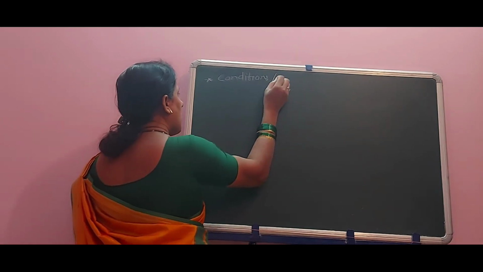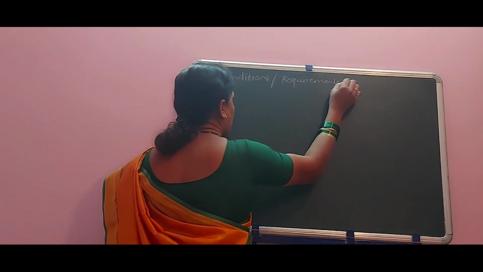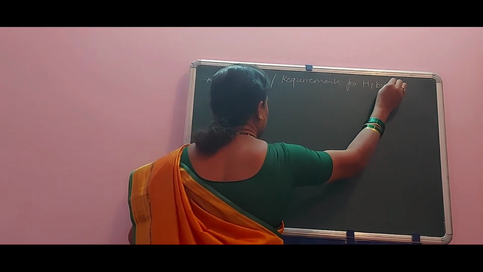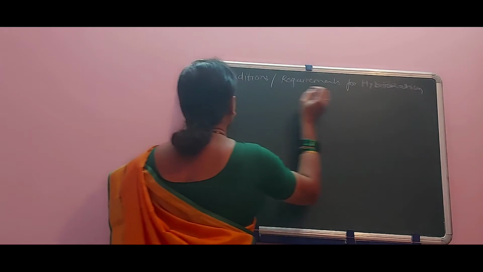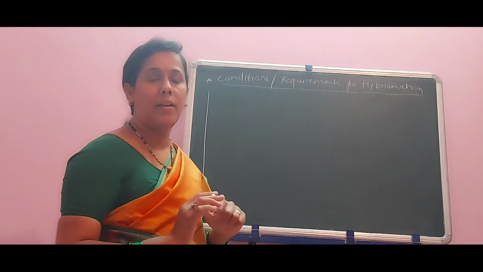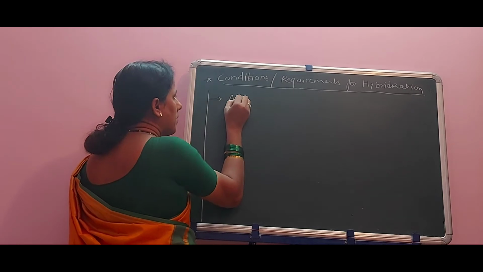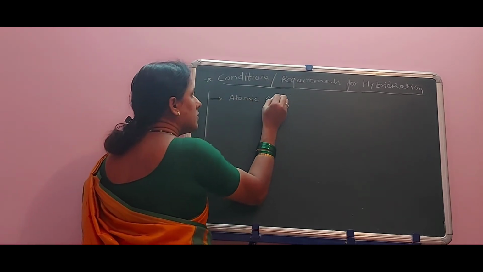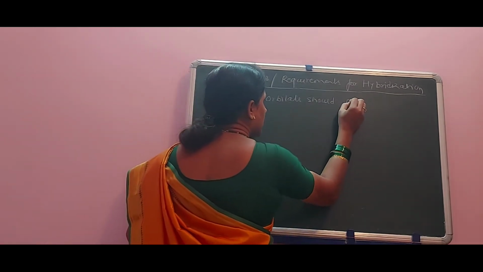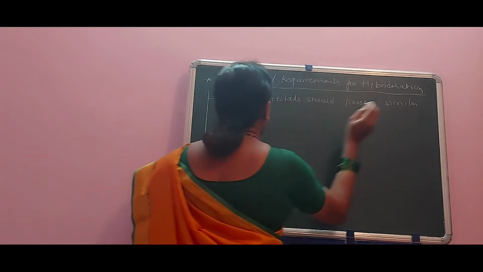Conditions or requirements for hybridization. There are totally 10 conditions. One by one we will see here. First, the atomic orbitals should possess similar shape.